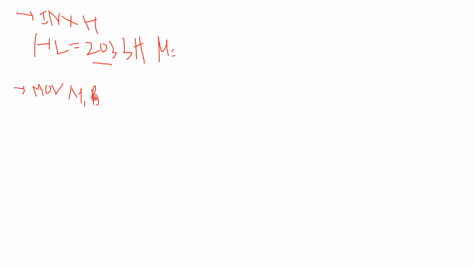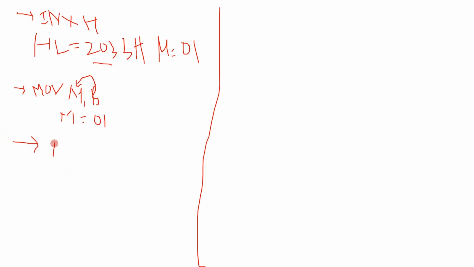So 01 will be copied into M. So M is equal to 01. So we have successfully stored 01 at location 2033. And then RST 5, end of the program. Because we have successfully stored the result at location 2032 and 2033.